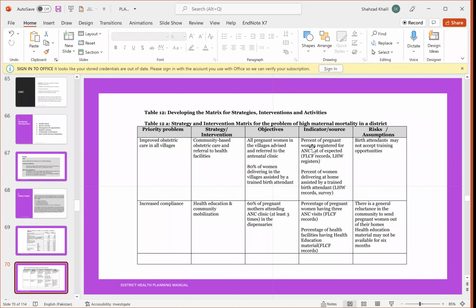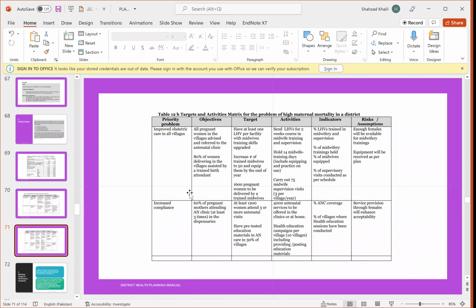The indicator is the percent of pregnant women registered in antenatal clinic registers, and the risk is that birth attendants may not accept training opportunities. So this is the strategy and intervention matrix. The target and activities matrix is the same: the problem, the objective, then we set the target, activities, indicators, and risk. All these tables are here, and you can read them by yourself.